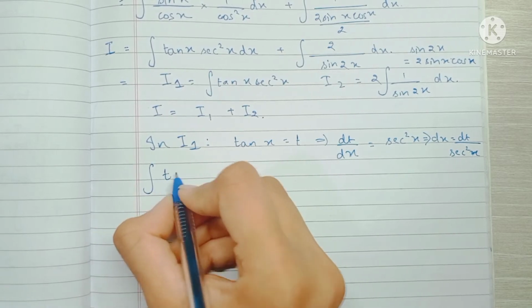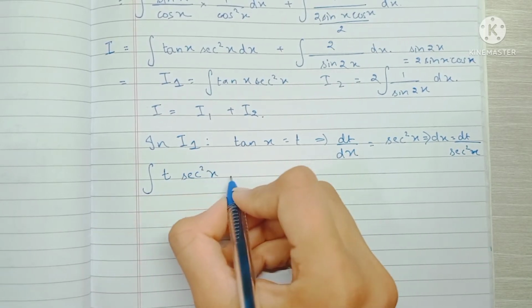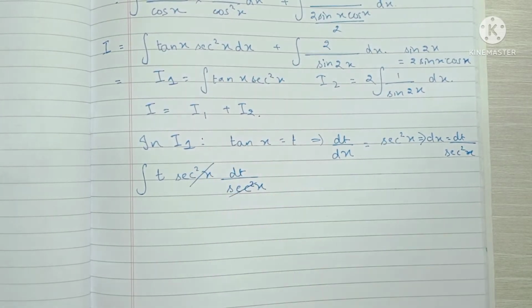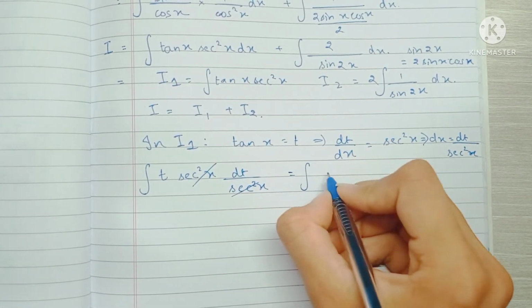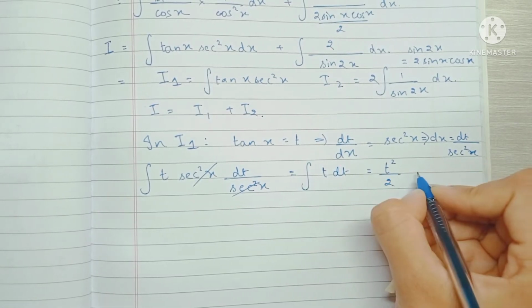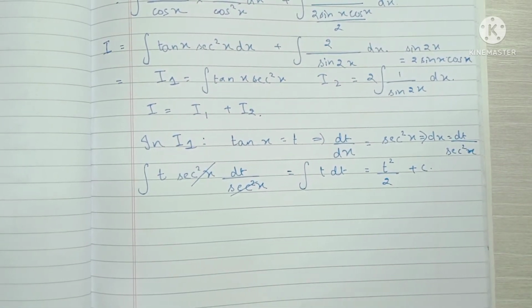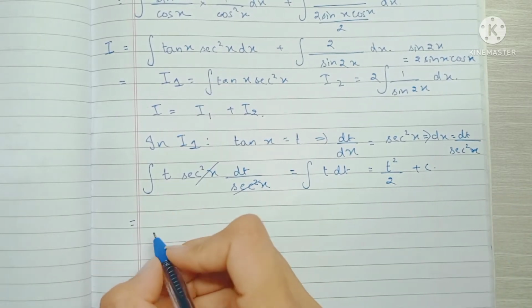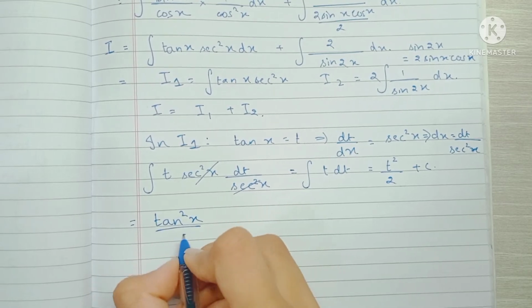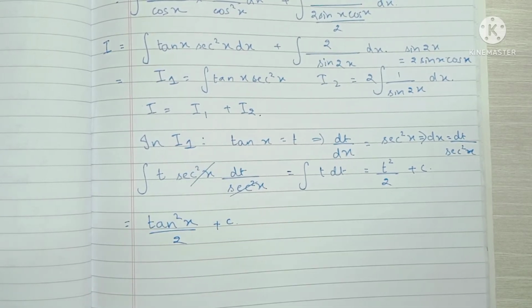So now we have t sec square x into dt upon sec square x. They get cancelled and we're left with the integral of t, which is just t square by 2 plus a constant. Now I replace t with the original variable, which was tan x. So we have tan square x by 2 plus a constant.